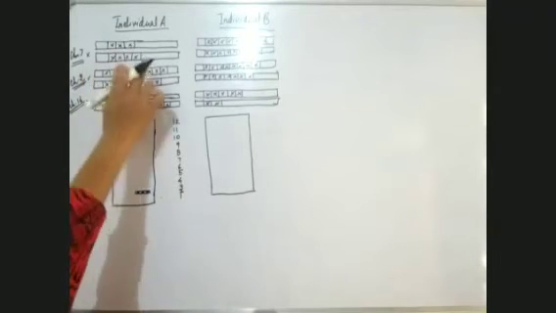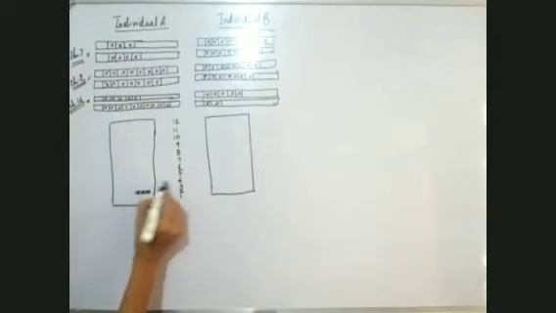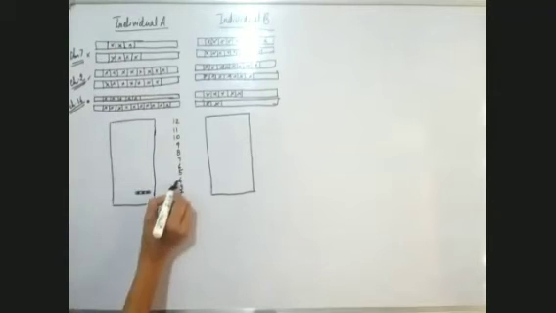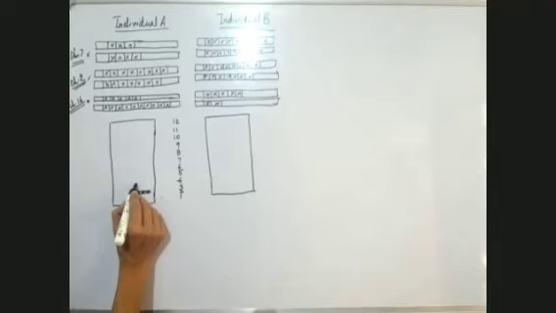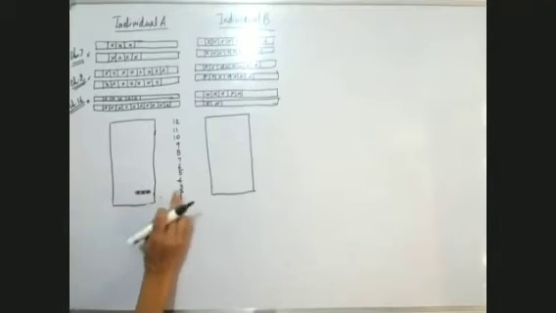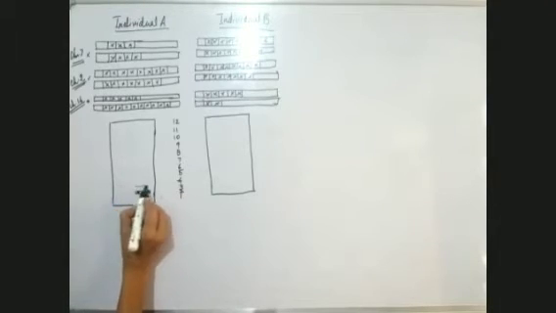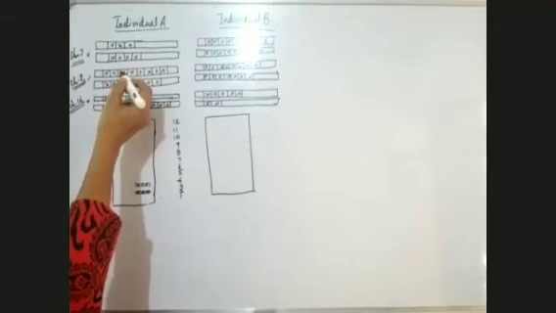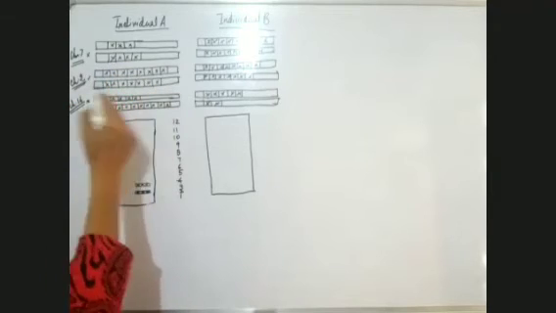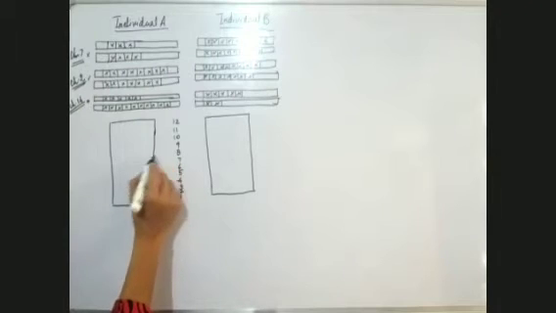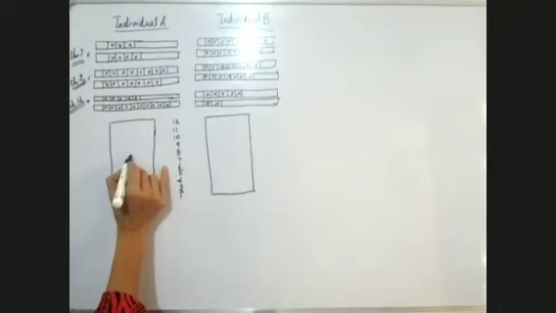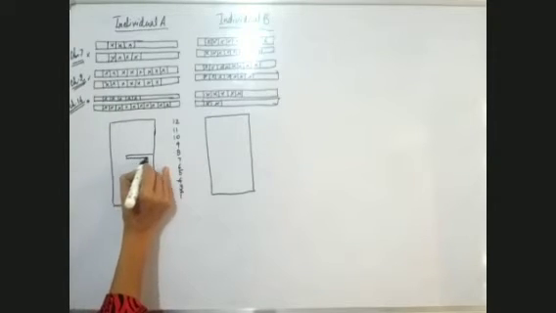Then we have 4. The next band, for individual A, will appear here in front of 4. Then we come to the next one, which is 8, so the band will appear here.